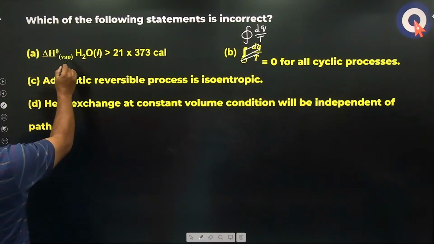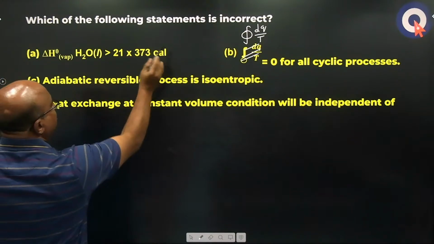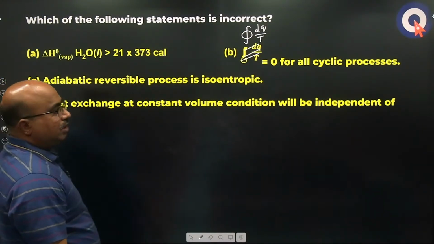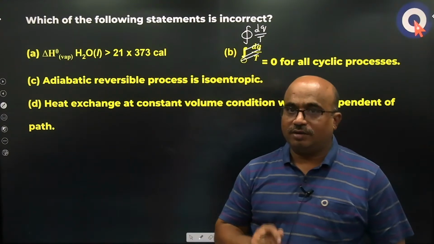Delta H naught of vaporization of water liquid is greater than 21 into 373 calories. So this is actually based on what we say is Trouton's law.